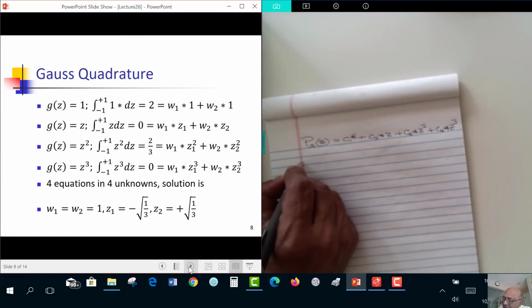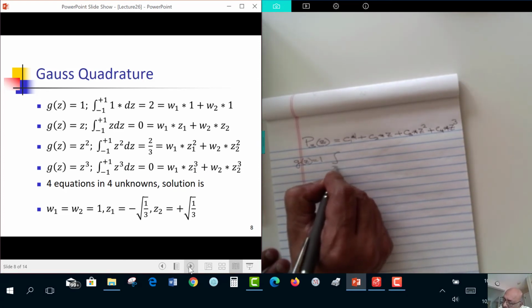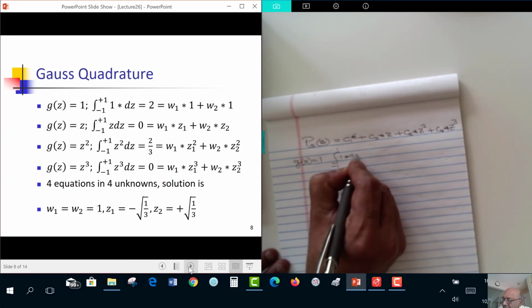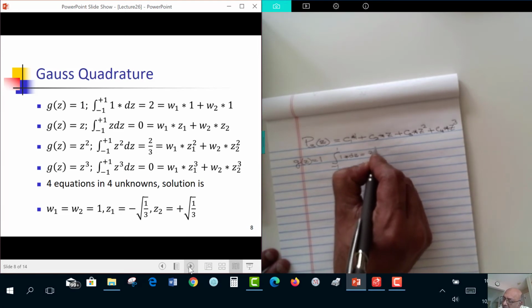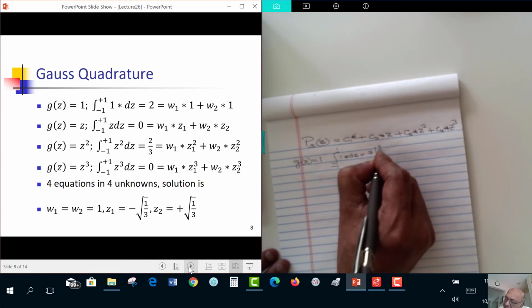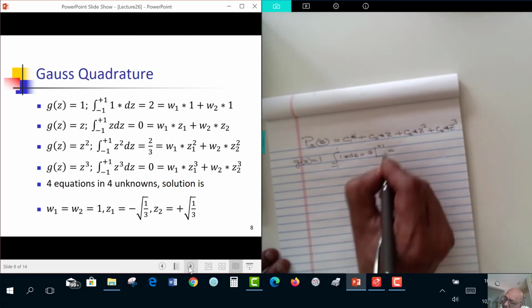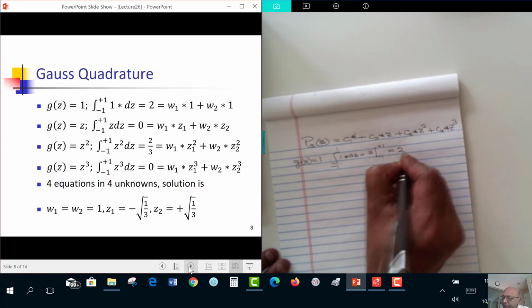So let's take g(z) as just 1. So we integrate from minus 1 to 1 of dz. So we will get z from minus 1 to plus 1. So we will get plus 1 minus minus 1, so we'll get 2.